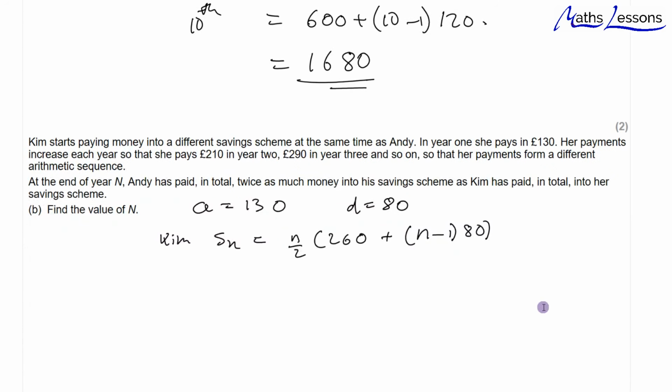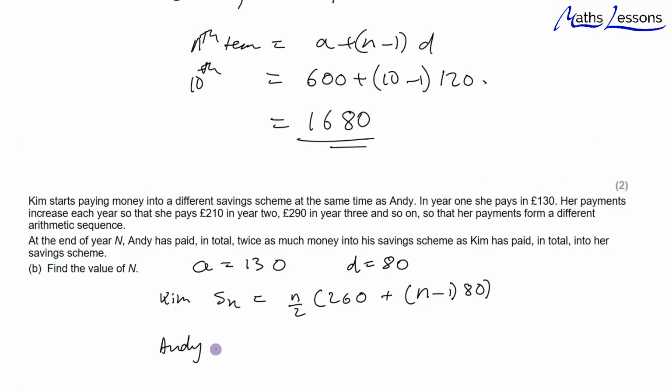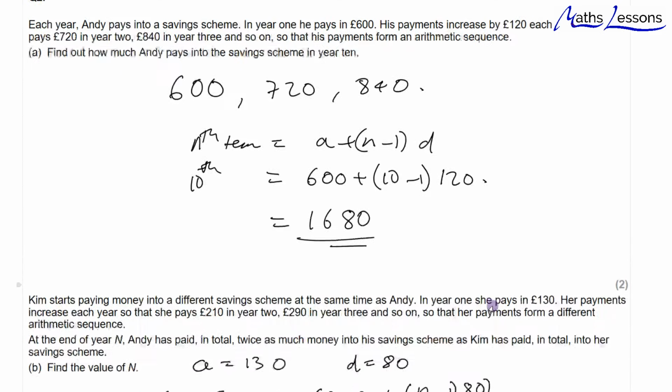And then for Andy, go back, what did he have? He had 600 in his first year. His sum of the first n terms is n over 2, and he had 600 in the first year, so it's going to be 1200 plus n minus 1 times 120.